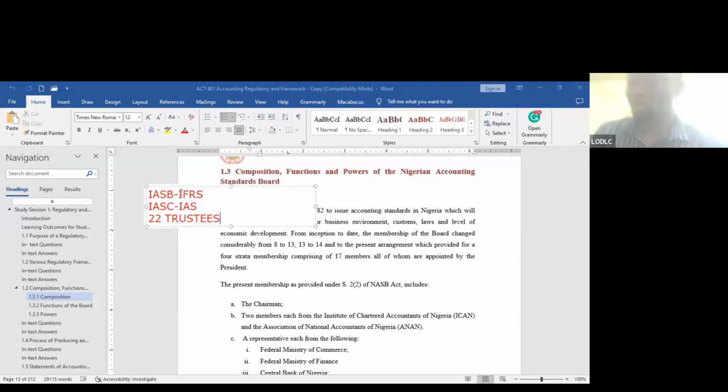So, IFRS Foundation Advisory Committee. Then we have IFRS Interpretation Committee. So they are the ones saddled with the responsibility of assisting IASB, do you understand, by improving existing standards. So, we have IFRS, for instance, IFRS 1, first-time adopters of IFRS.